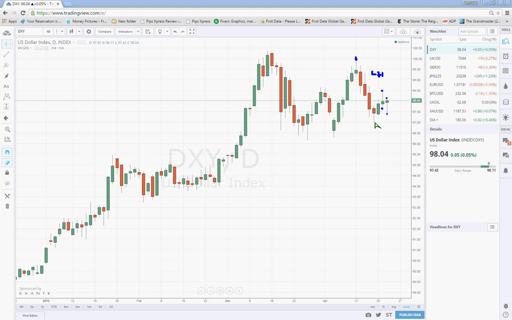So at this point, you have a higher high, and then you have a lower high. In between here, you have a series of lower lows. Obviously from this point onwards, you have a series of higher lows.